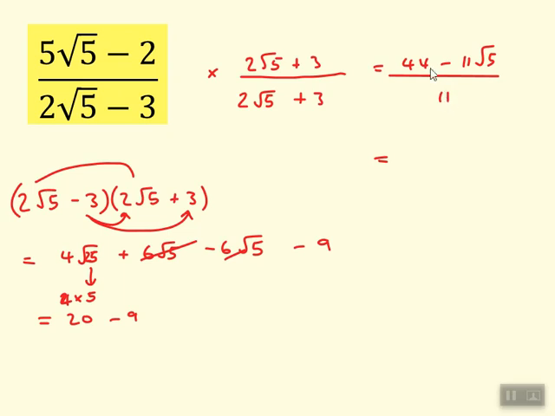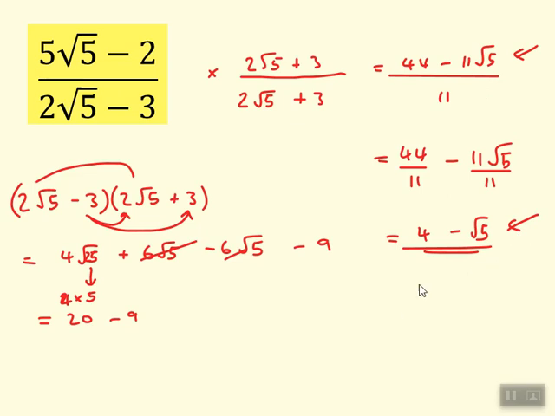Because we're dividing by 11, that means we can divide each bit by 11, and we're allowed to do that. So 44 divided by 11 is 4, and 11 divided by 11 is just 1, and then that's 1 root 5. Okay, so this is the answer. But if you got that, that is right. But then it does simplify to that. That's the fully simplified version. So this is equal to that.